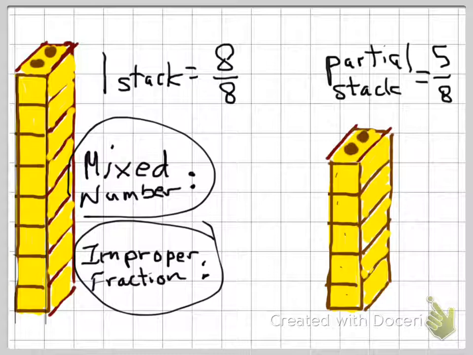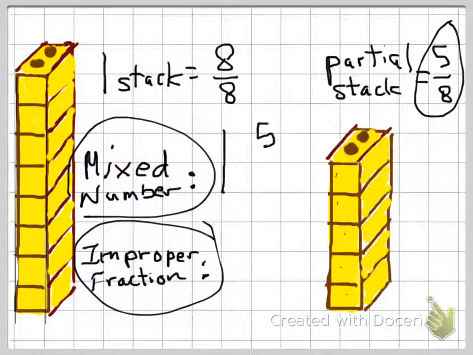Okay, so this is the skinny on how you tell. When we want to know how many wholes and parts, we're talking about a mixed number. So if I said to you, hey guys, how many whole stacks do I have? You would say we have how many? Correct. You have 1 whole. And how many is in that partial?